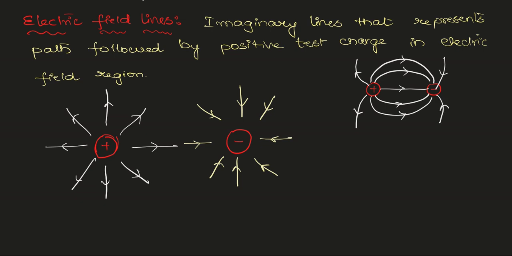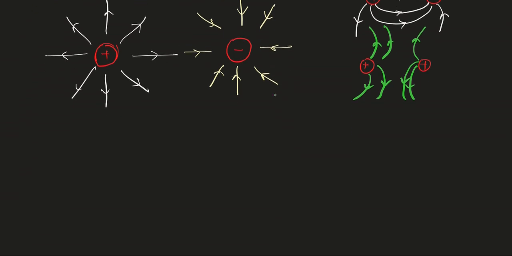And if you are having a positive charge and a positive charge, or a negative charge and a negative charge, due to like charges we are having repulsion, so we'll observe this kind of electric field lines. So electric field lines represent the direction of electric field.